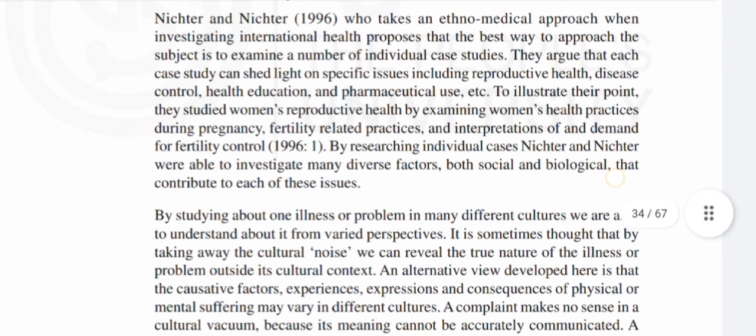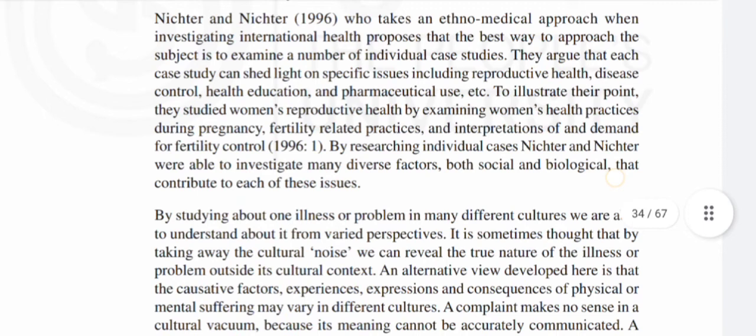Case study method. Nectar and Nectar, 1996, who take an ethnomedical approach when investigating international health, propose that the best way to approach the subject is to examine a number of individual case studies.